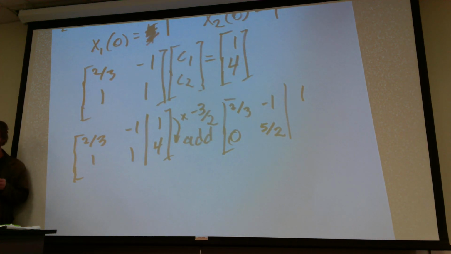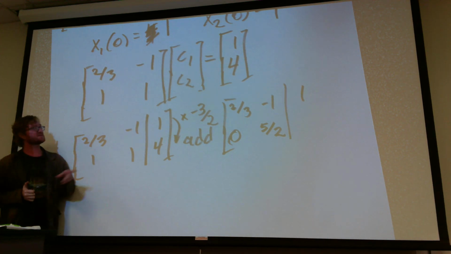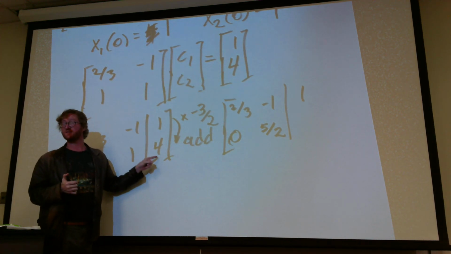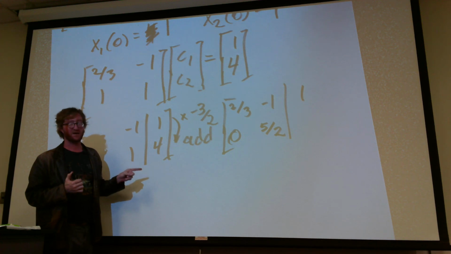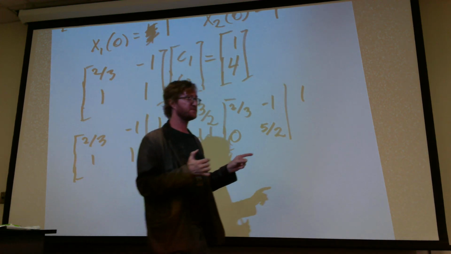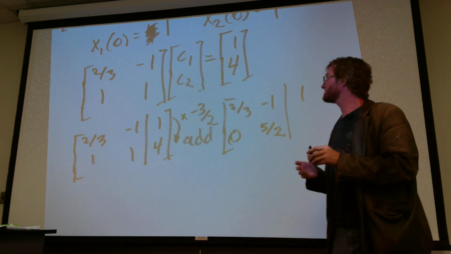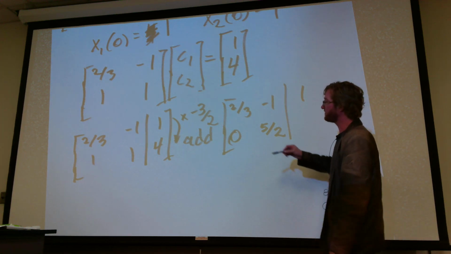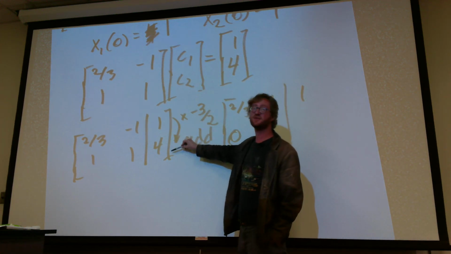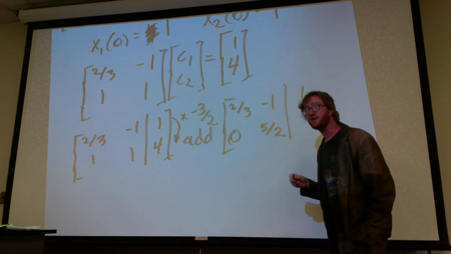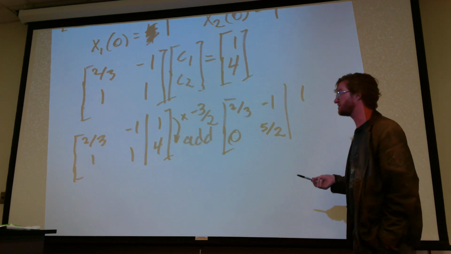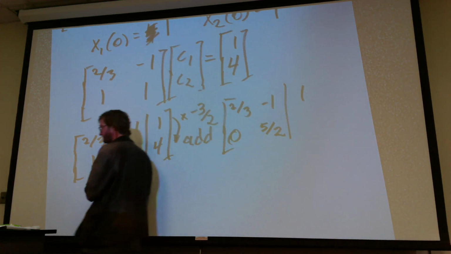All right, now let's think about this one. This is going to be a negative 3 over 2 right here, and it's going to be added to a 4. Another way to think about this is, it's negative 3 over 2 plus 8 over 2. So negative 3 over 2 plus 8 over 2, that's also 5 over 2.